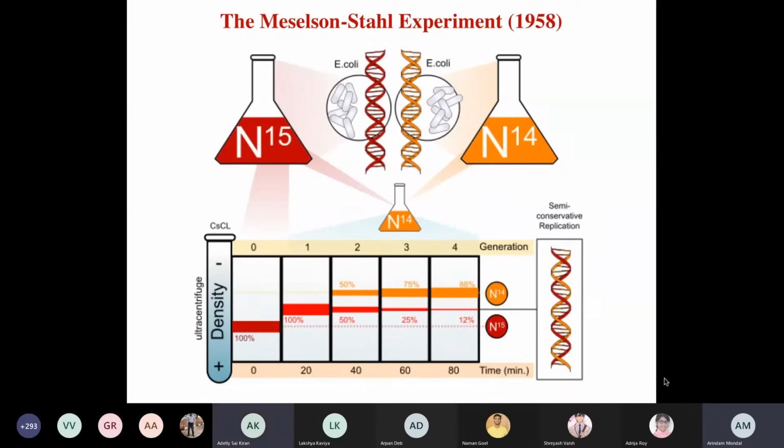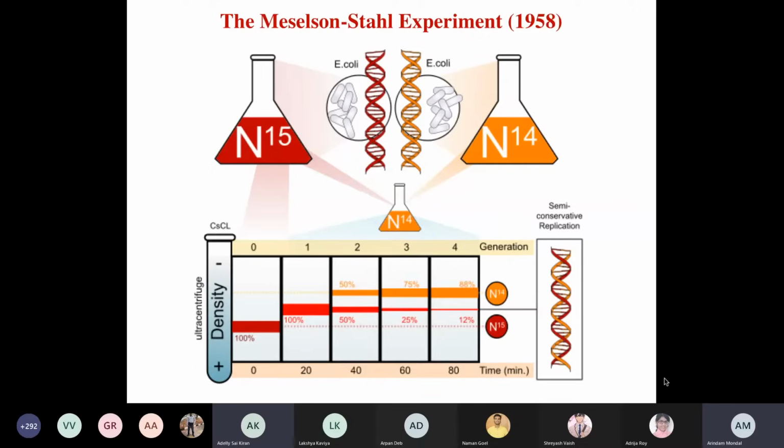But think about it: when the DNA is replicated in these media, the N14 or N15 atoms get incorporated in the nitrogenous bases. Say for example, for the bacterium E. coli, the size of the chromosome is about 4,000 base pairs.